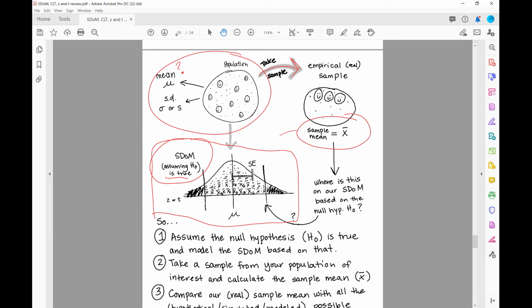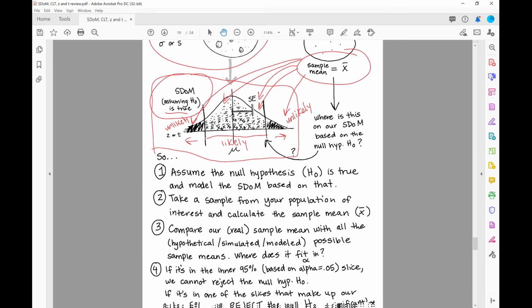And then depending on where it fits in here is going to tell us whether we think it's likely to have happened based on the null hypothesis. So this is fairly likely. And then outside those cutoff points is where it's unlikely, where we have a really small probability that it would happen. And so we end up rejecting the null hypothesis.